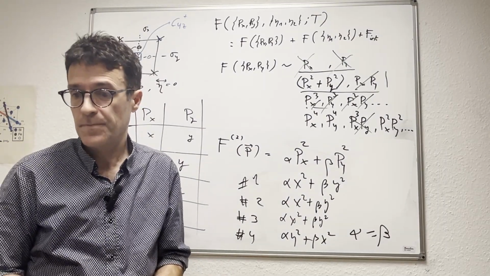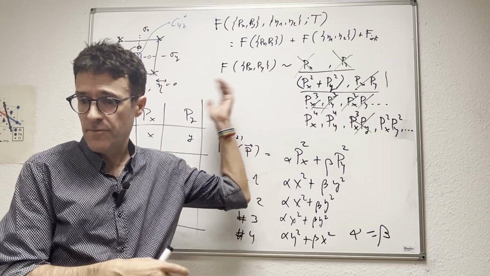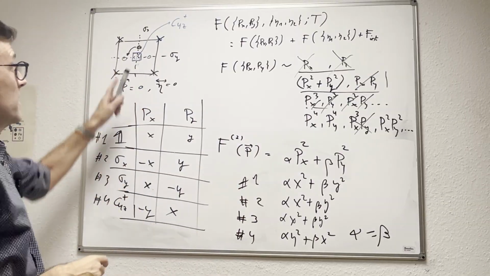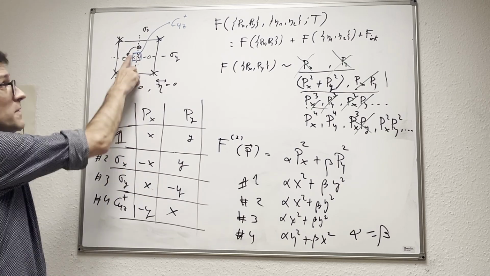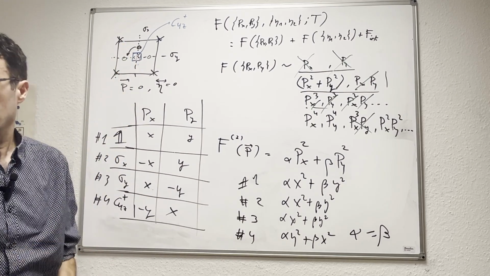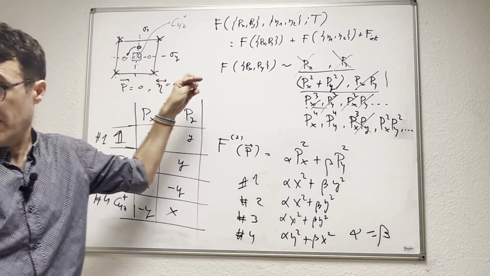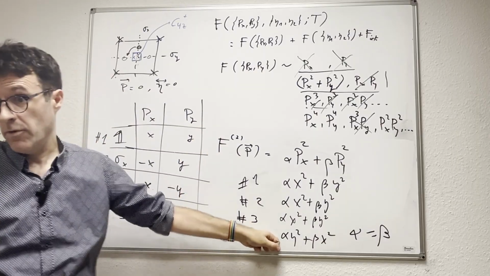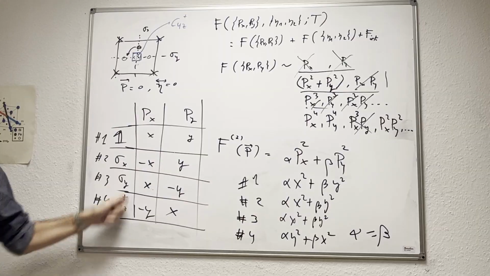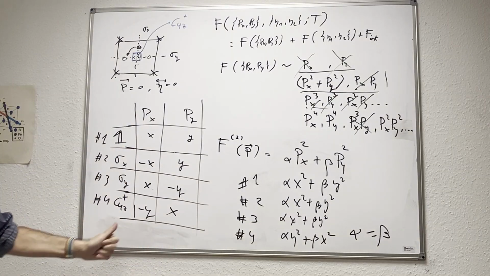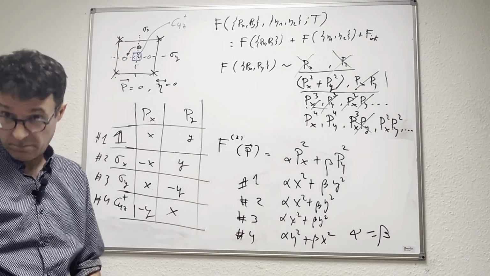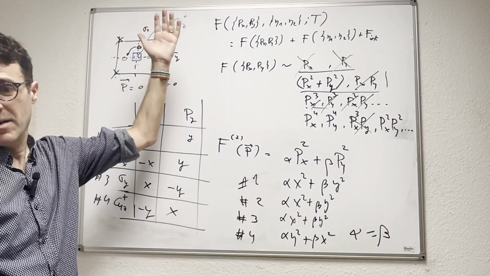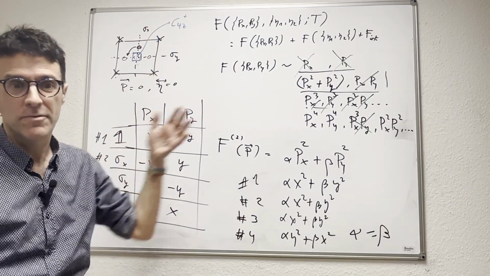Anything else is not allowed. It means that the parameter in front of those is the same, which of course makes a lot of sense. The energetics of my polarization, if this atom moves up, has to be the same as if it moves to the right or to the left. So we are recovering the symmetry imposed by the fourfold axis, which gave us this condition in our little table. Polarizing vertical positive is the same as polarizing to the left or to the right.